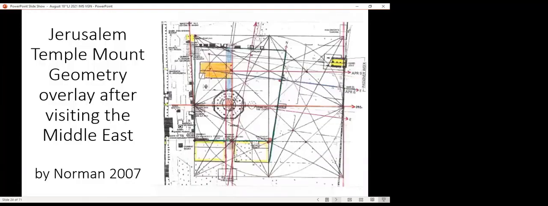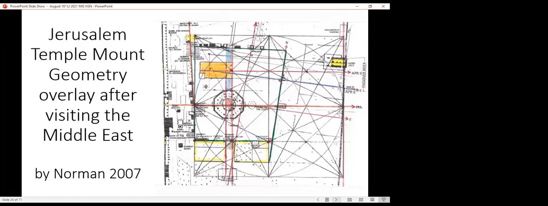Now we go to Palestine, Jerusalem, Temple Mount geometry. The same Egyptian cubit is called the cubit of Moses in its application to temple architecture design at Jerusalem.